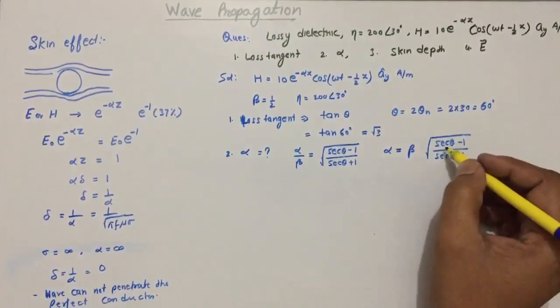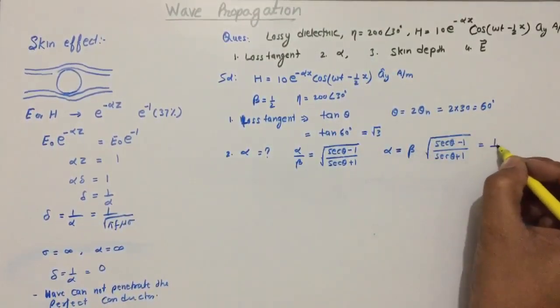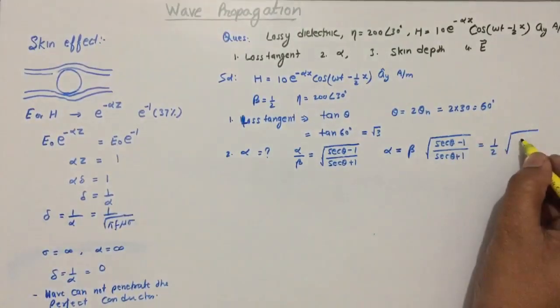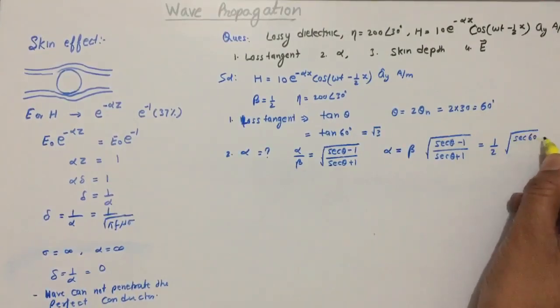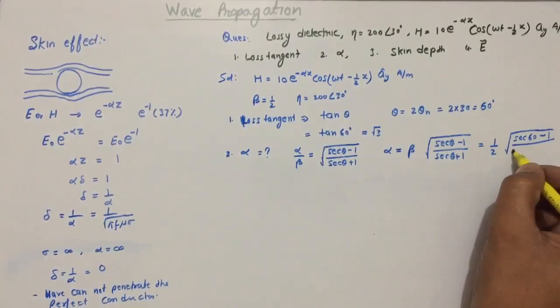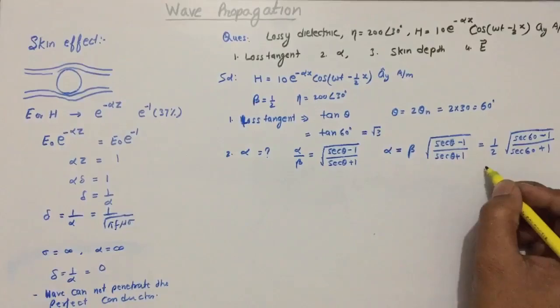Just put in the values of the known parameters: beta is half, theta is equal to 60 degrees. So you have sec 60 degrees minus 1 over sec 60 degrees plus 1.